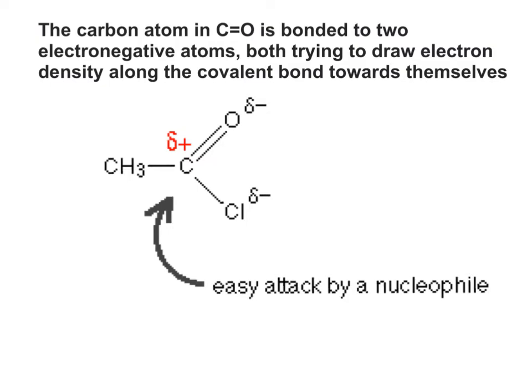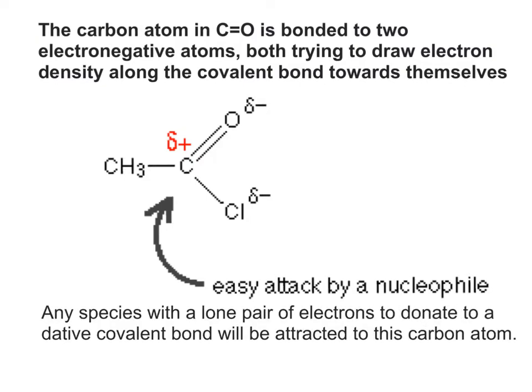That makes that particular carbon very vulnerable to attack by anything that's got a lone pair of electrons, in other words, a nucleophile. Essentially anything with nucleophilic tendencies, which means it's got a lone pair of electrons to donate to a dative covalent bond, will tend to be attracted to this carbon atom.